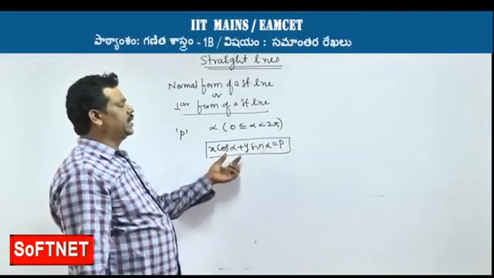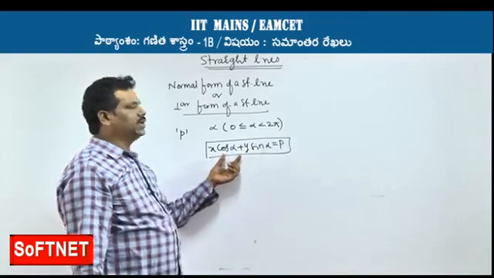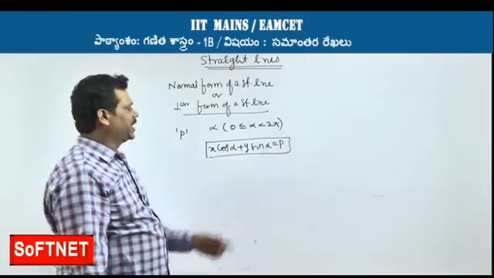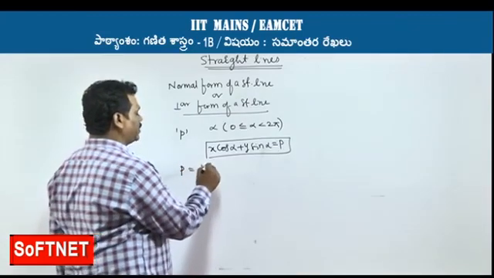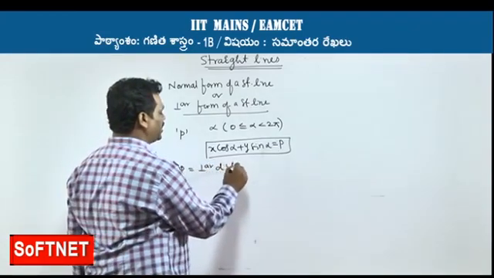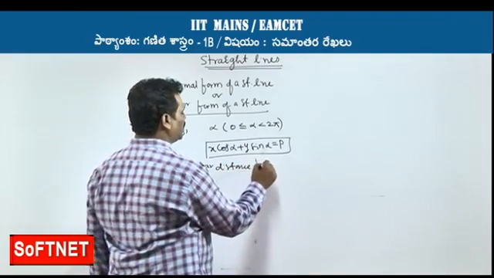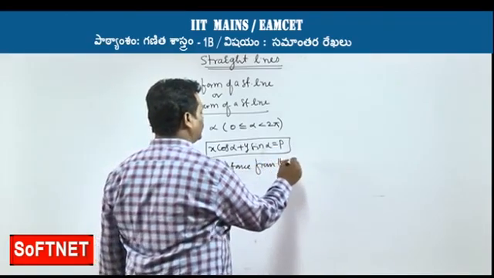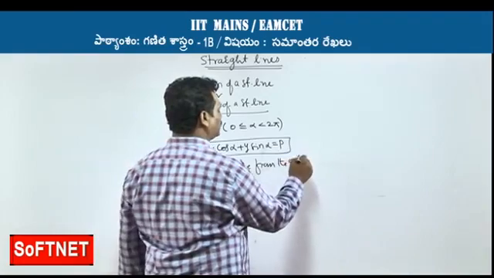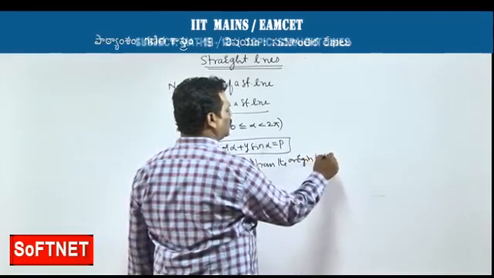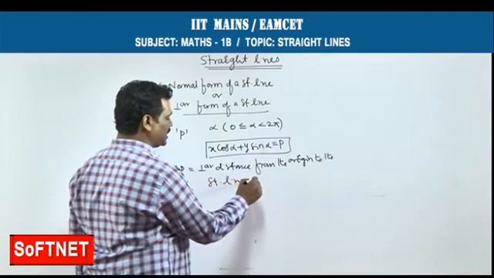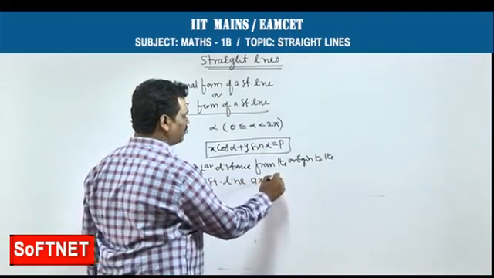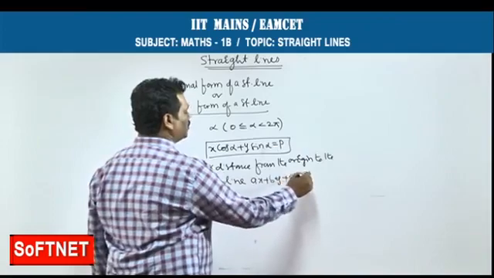x cos alpha plus y sin alpha equal to p is the normal form of a straight line, or perpendicular form of a straight line. What is p here? p is equal to the perpendicular distance from the origin to the straight line ax plus by plus c equal to 0.